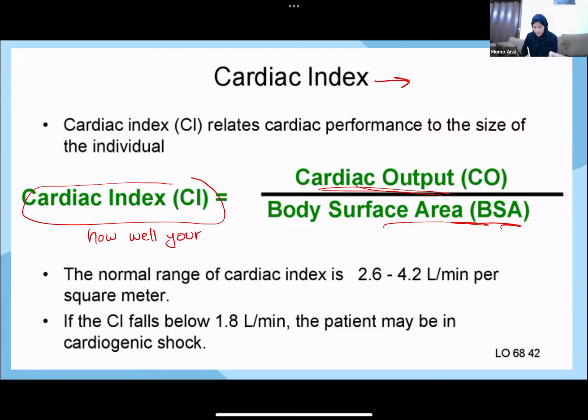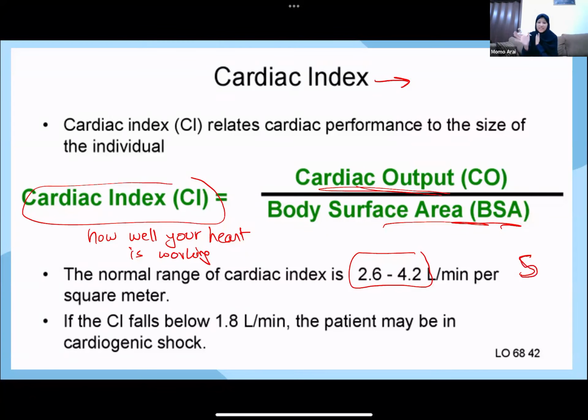So now cardiac output, you just put that over the body surface area of any person, and you can get their cardiac index, compare it to someone else, and then you can see whether they have less or more. Now the normal range for cardiac index is this. I used to memorize it as like 5, so it's easier.